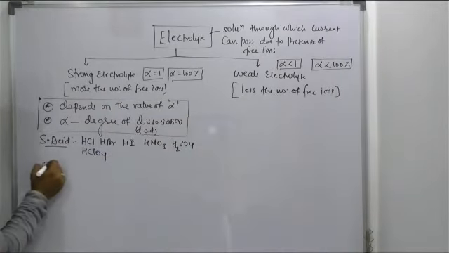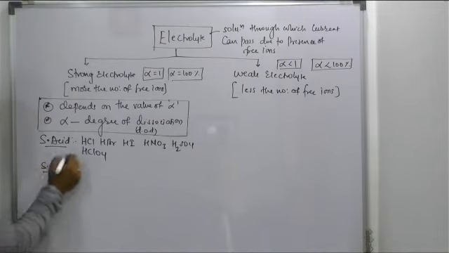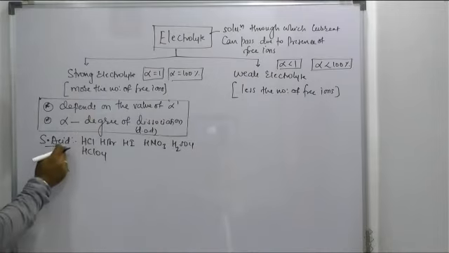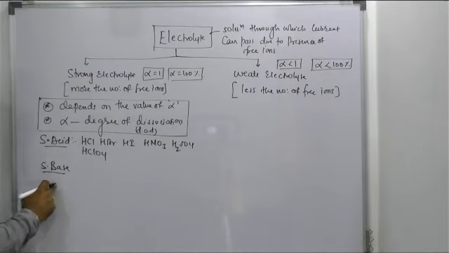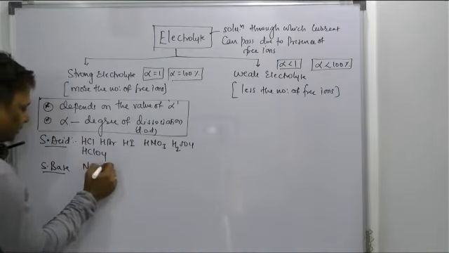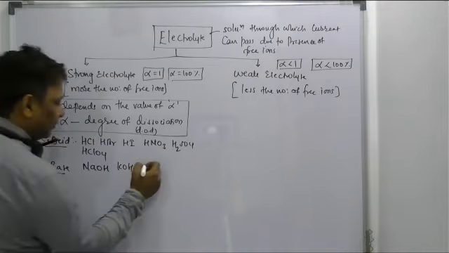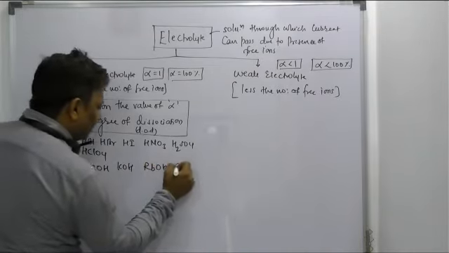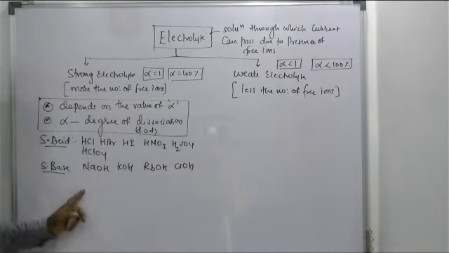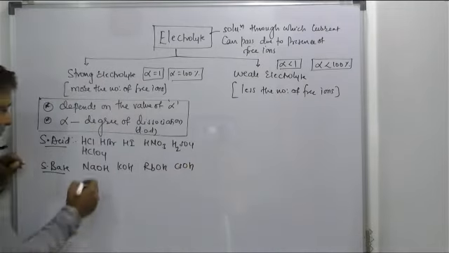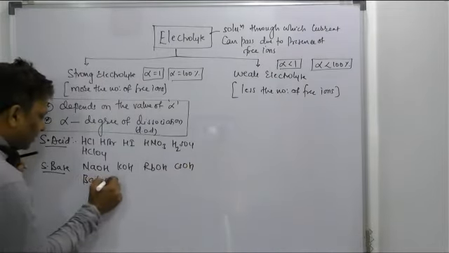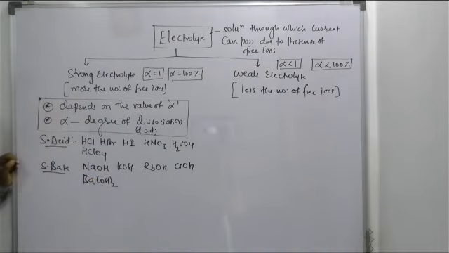Strong electrolyte means it may be a strong acid or a strong base. What are the strong bases, sir? Sodium hydroxide, potassium hydroxide, rubidium hydroxide, cesium hydroxide, all group one hydroxides are strong bases. Beta, from the second group, barium hydroxide is a strong base, right?